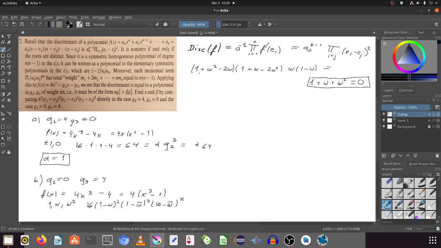So this gives minus omega, so we have minus 3 omega times, this gives minus omega squared.